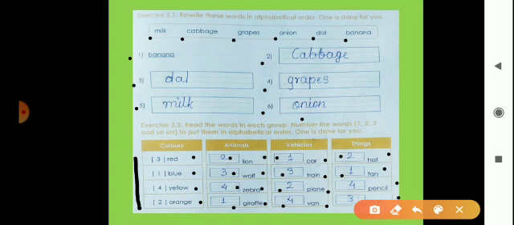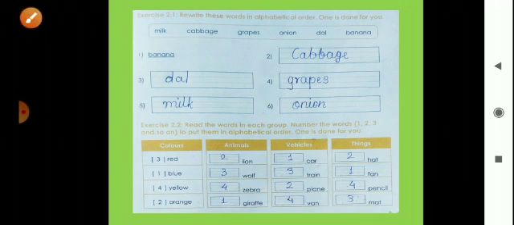Then comes M. So write 3 for mat. And pencil for P. So write 4 for pencil. Okay. Means we begin the list with the word that starts with that specific first letter, and give the numbers depending on these letters. Okay. So this is alphabetical order.